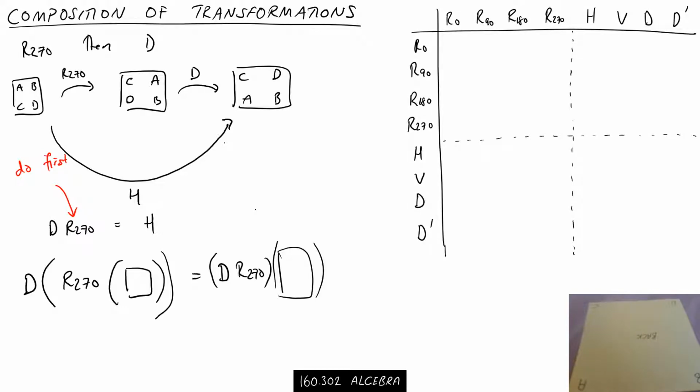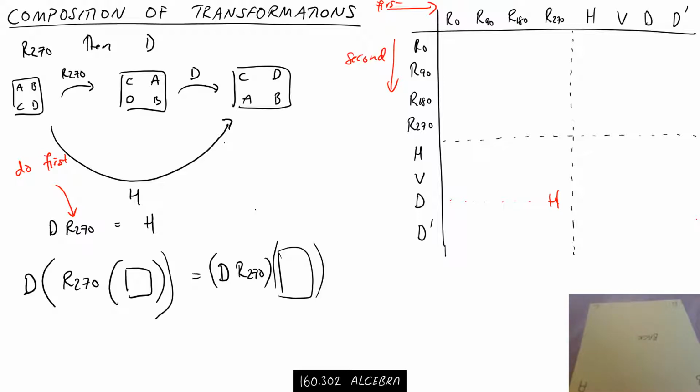Well, we can draw up a little table to help us. Again, if I were to indicate the one I just did, which was D times R270, I go from D across to R270, and I get H. So the thing to remember is we do these first, and we do these second.